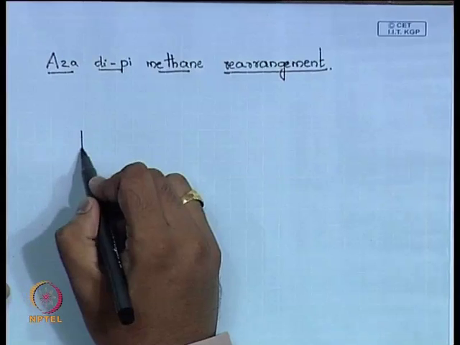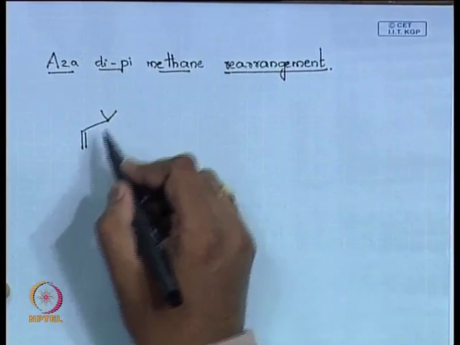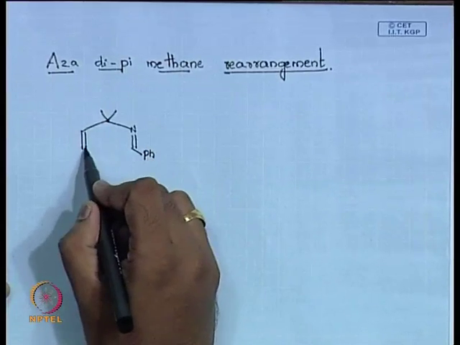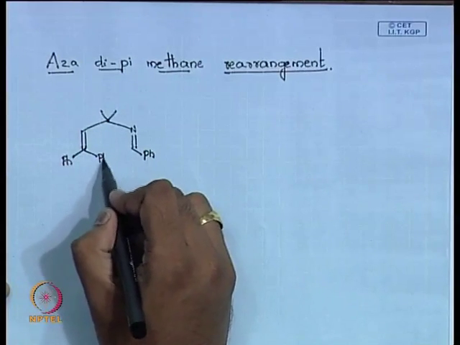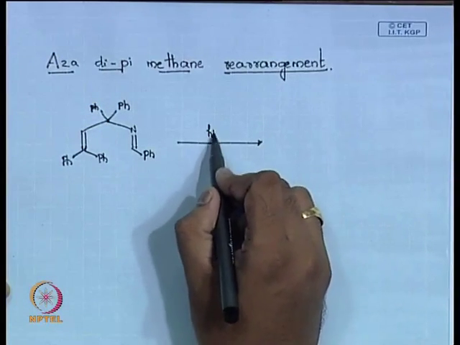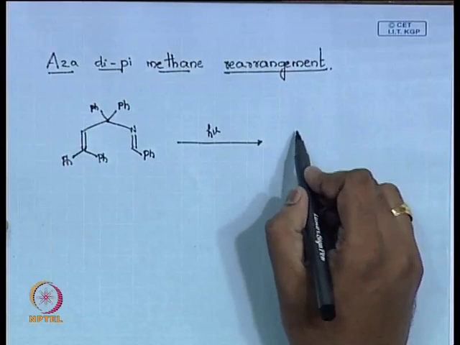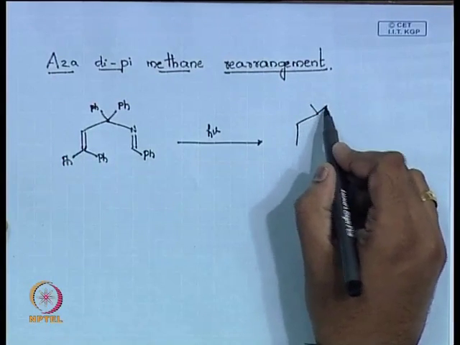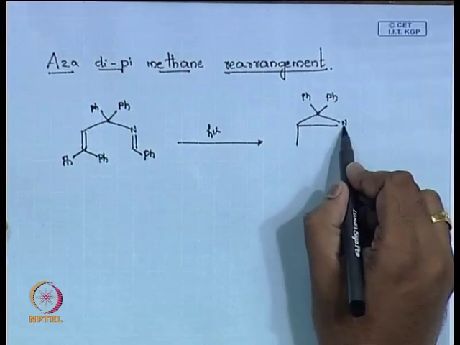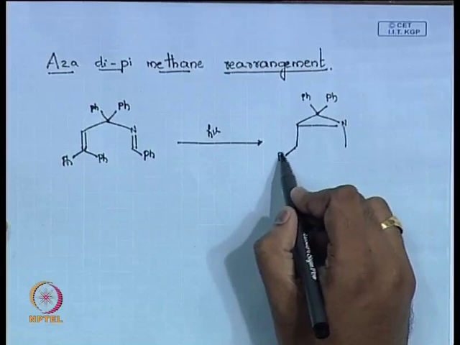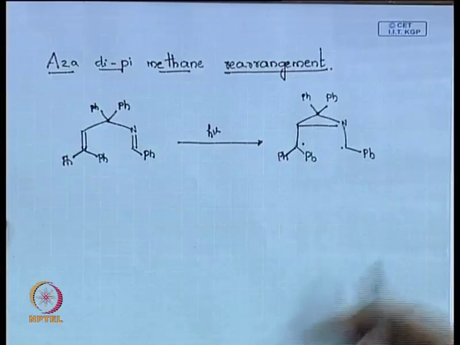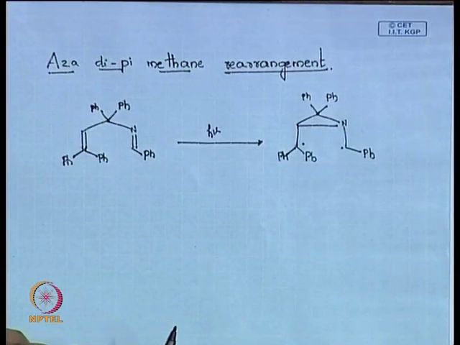So, I have explained to you that if you have a system like this, and if you photolyze, you end up with a type of 1,4-diradical, right.